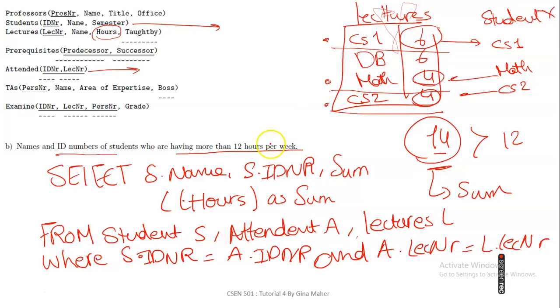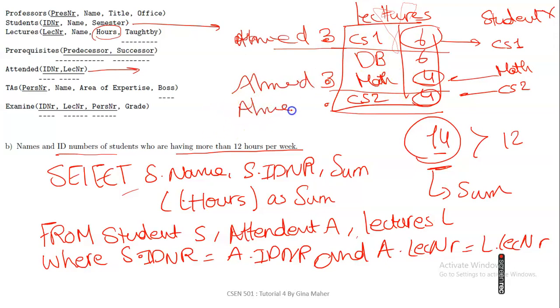After joining, we are going to have the table joined by this relation, which will be, for example, the name of the student Ahmed taking ID 3, student Ahmed taking math 4, and here Ali, for example, 5.